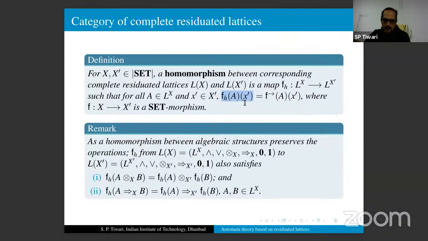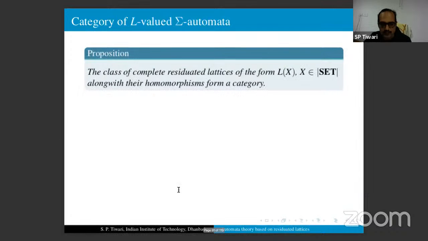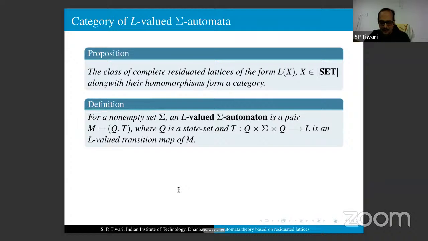There is no need to worry about, when we are defining this map, whether the algebraic structures of residuated lattices will be preserved. The answer is yes, they will also be preserved here, and we can show it. So if we take all complete lattices and their homomorphisms, which are defined here, that is also a category. And if we take the reduced structure of an L-valued automaton, here the input set is fixed.